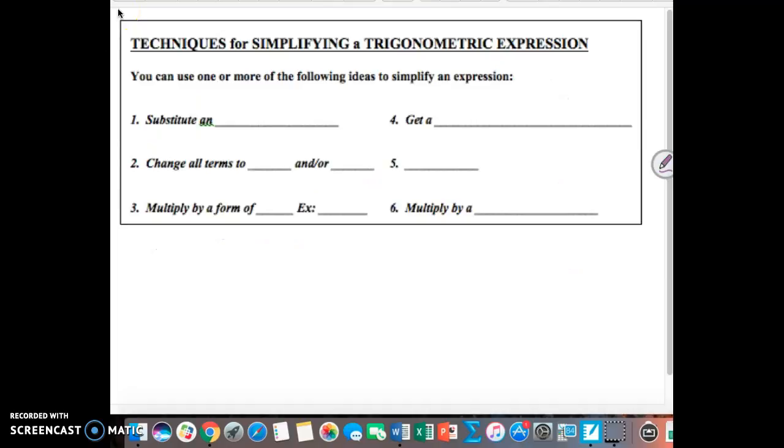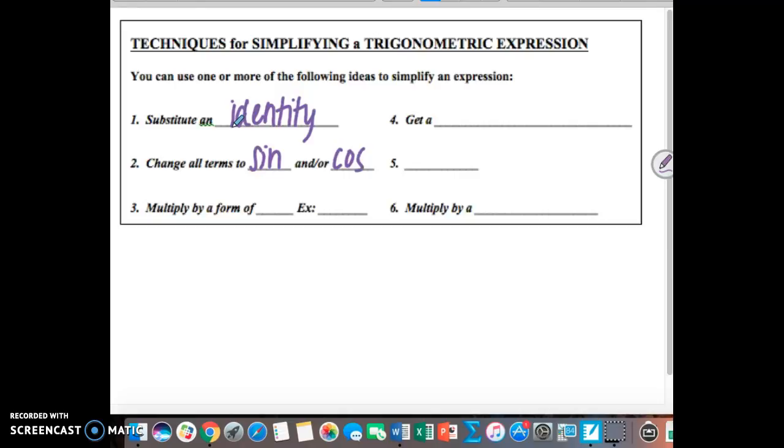So 7.1 really deals with simplifying trigonometric expressions. Some techniques we can use: first is substitute an identity. The second step is to change all terms to sine and or cosine, so sometimes you won't be able to change it into both.